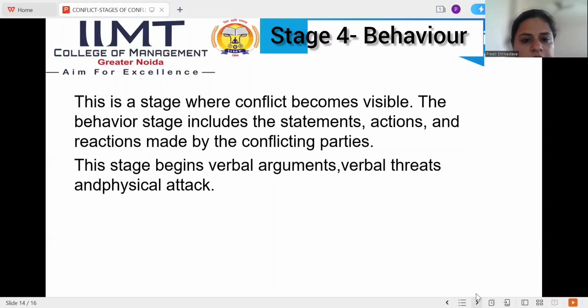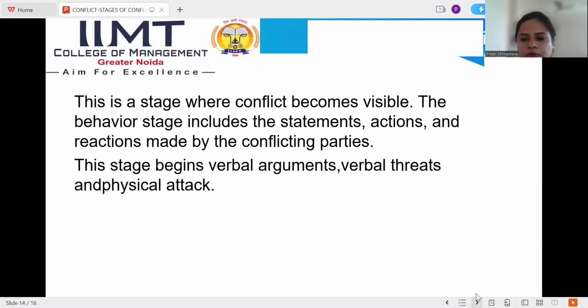So here the conflict comes into their behavior. Both parties act and give their reactions to the other party, by making arguments, giving verbal threats, and doing physical attack. In this way, they are showing their behavior.